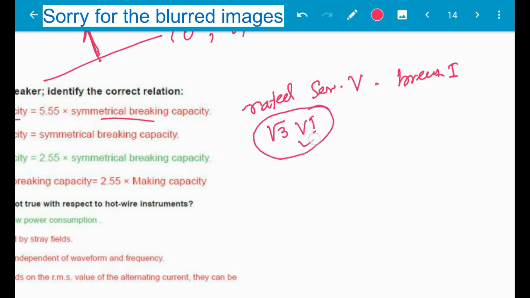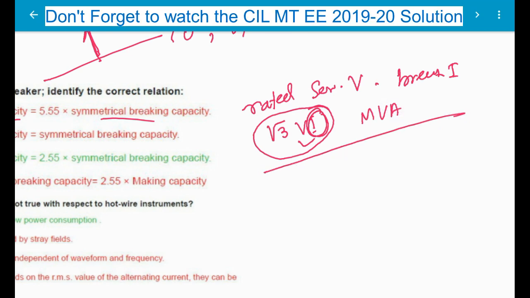Because V is constant and we have to give the I value, they generally write it in MVA form, but the actual form is ampere.